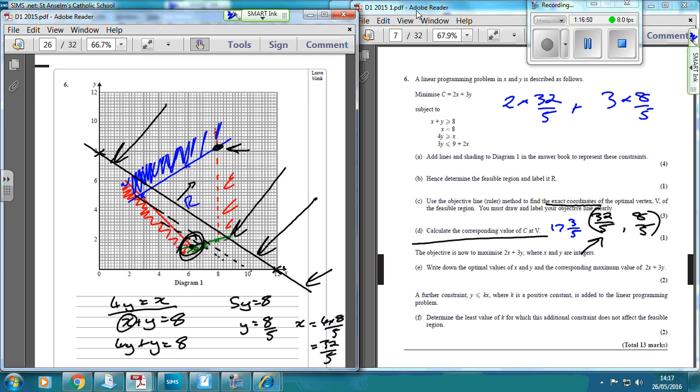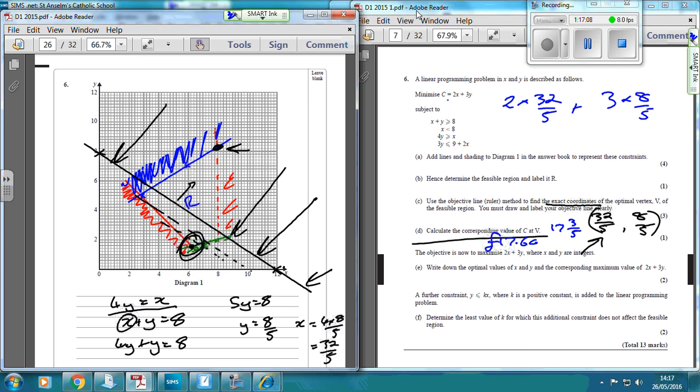So that is going to be our minimum cost, 17 and 3/5, which, if it's in terms of pounds, 3/5 of a pound is 60 pence. So it's going to be £17.60.